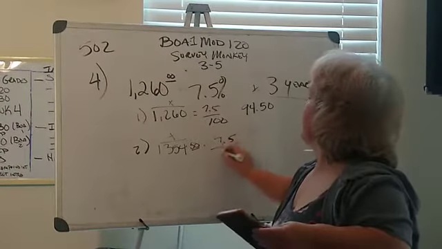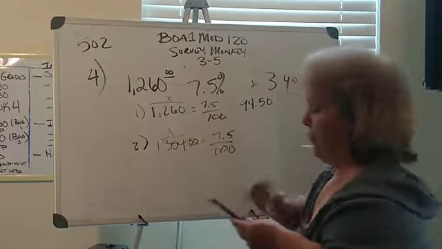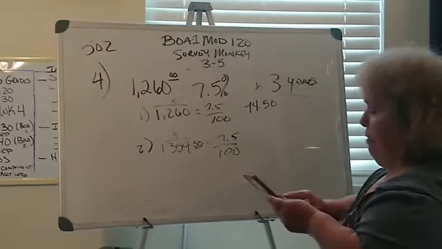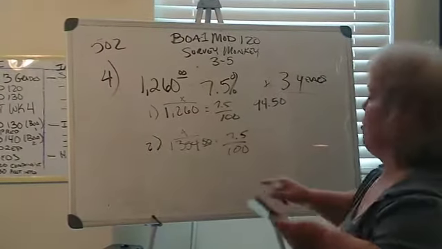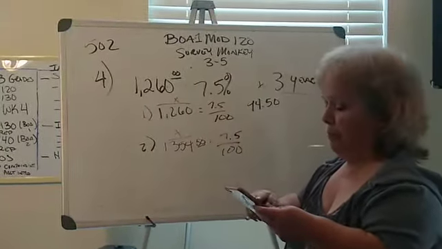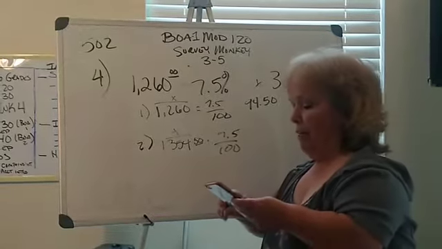Now we have to figure out what is 7.5% of this number. This is compound interest. So we do the same thing: 1,354.50 times 7.5 equals, and then divide by 100.